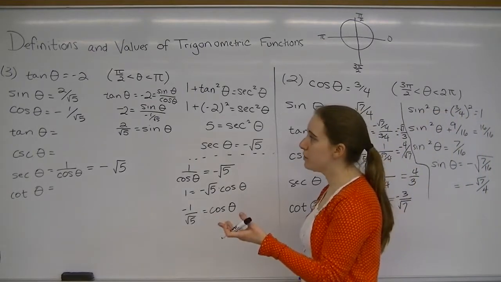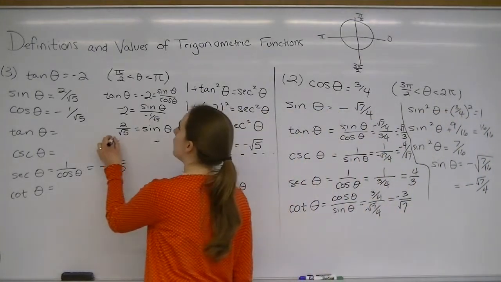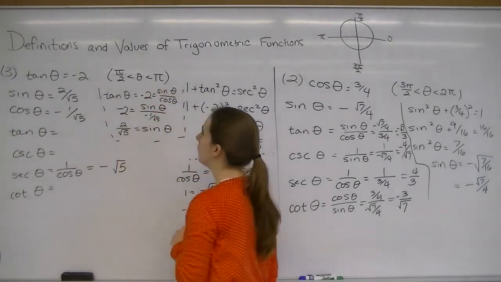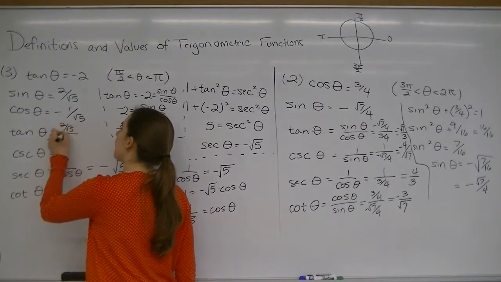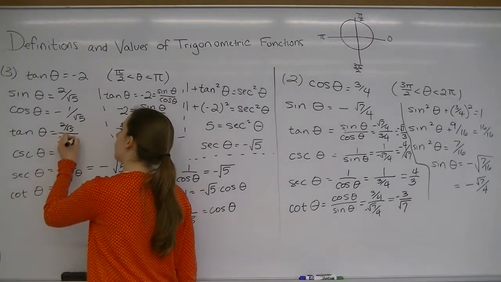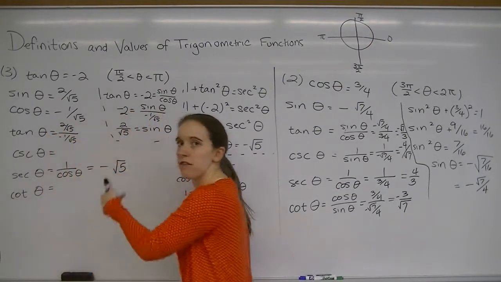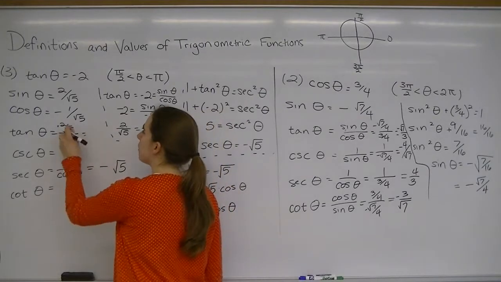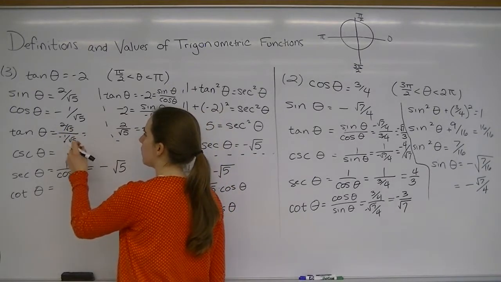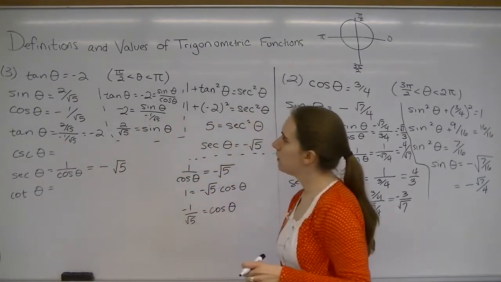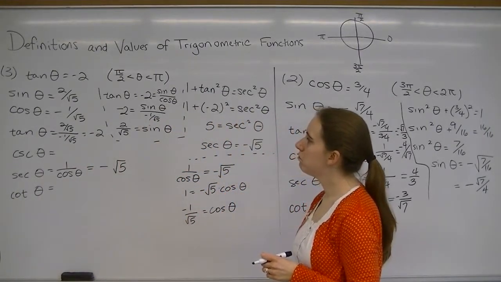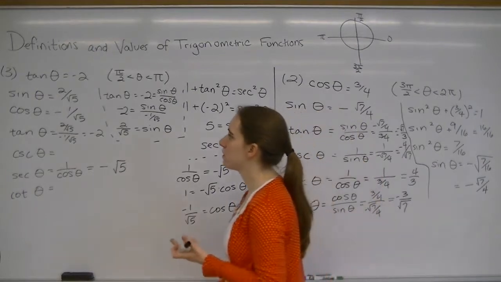So now it shouldn't be too hard to find tangent. So that will be 2 over the square root of 5 over -1 over the square root of 5. We're going to flip that bottom fraction, multiply times the top fraction, so we'll get -2, which we already had.